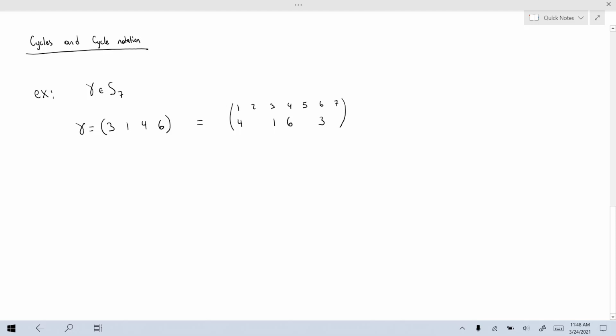That's what that cycle notation is telling us. Now, as for the numbers 2, 5, and 7, which were not listed in here, any number that is not listed in the cycle notation is assumed to map to itself, meaning gamma of 2 would be 2, gamma of 5 would be 5, and gamma of 7 would be 7. Okay?